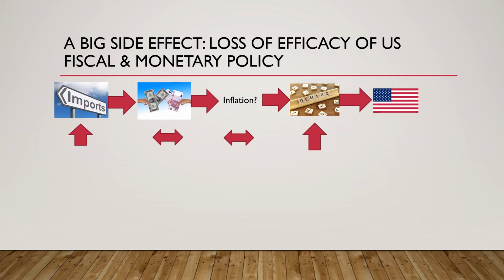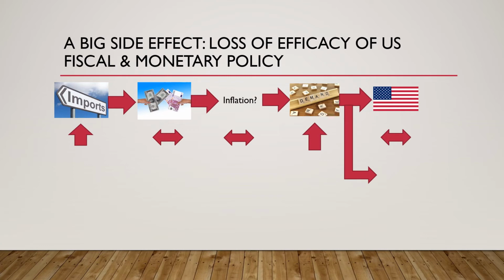And so, in spite of the monetary and fiscal stimulus provided by the US, since the domestic supply of the US is not responding much, the growth in the US economy doesn't increase by much. On the other hand, where the effect happens, it happens in China, as the Chinese growth would increase because of the fiscal and monetary stimulus in the United States.